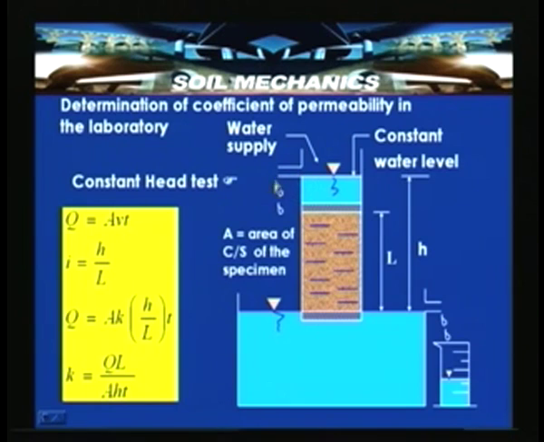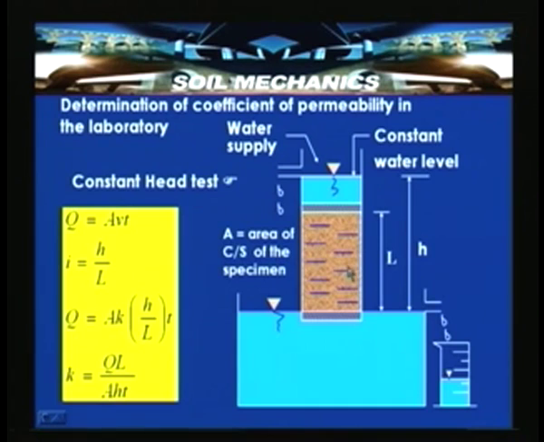The extra surplus water is collected here, and the water level is maintained here. Because of this, the flow occurs with a hydraulic gradient H over L. So, this flow occurs in the downward direction. Here a relatively sandy soil is shown, and A is the area of the cross section of the specimen perpendicular to the direction of the flow.